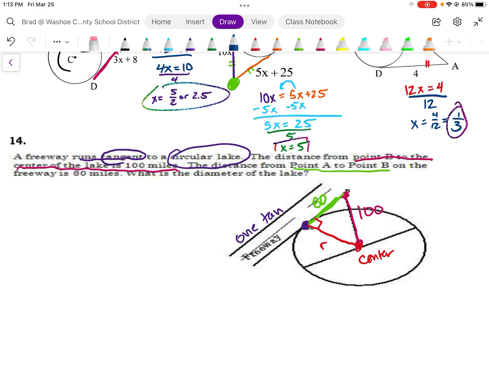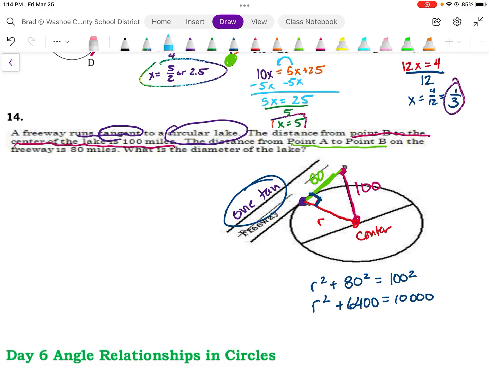So we got a little lovely 90-degree box here because it's perpendicular, because of that one tangent. So we're going to do r squared plus 80 squared is equal to 100 squared. So we're going to get r squared plus 6400 is equal to 10,000 here. And then when I move that 6,400 to the other side, I'm going to get r squared is equal to 3,600.